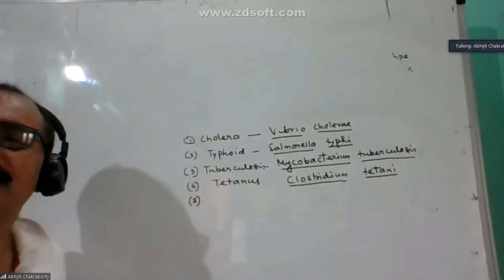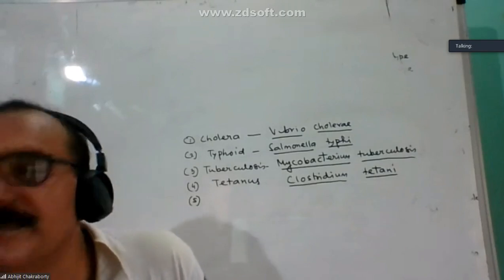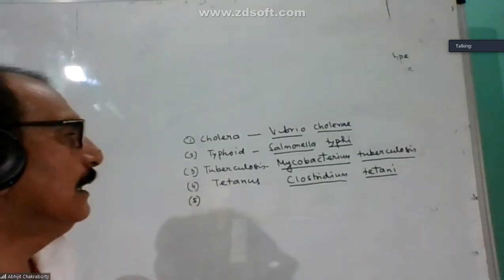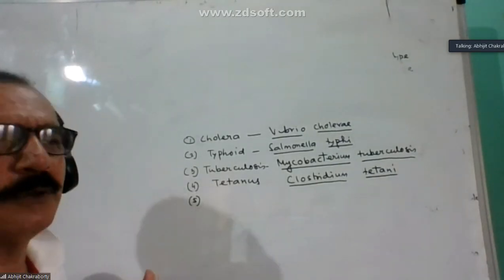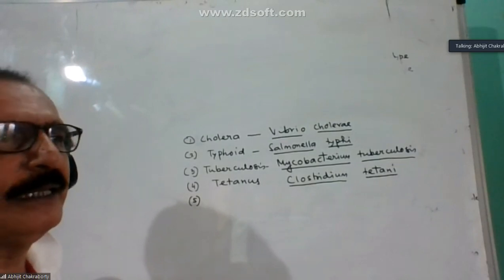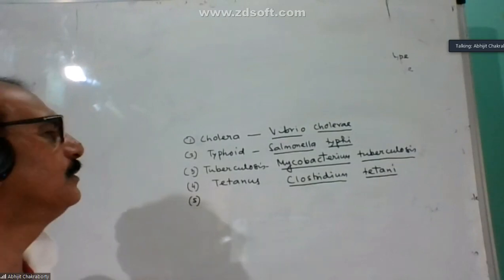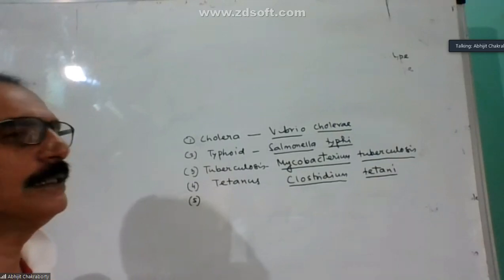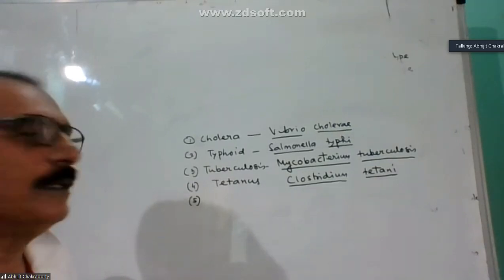A lot of that. Suppose diphtheria is there, Corynebacterium diphtheriae. Suppose plague is there, Mycobacterium leprae, a lot of them. So you need to understand.